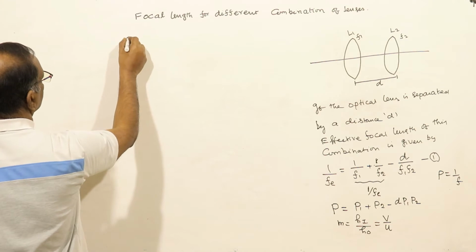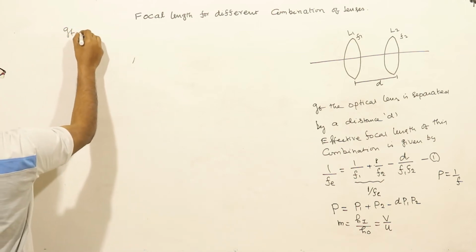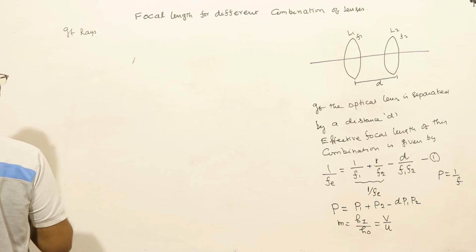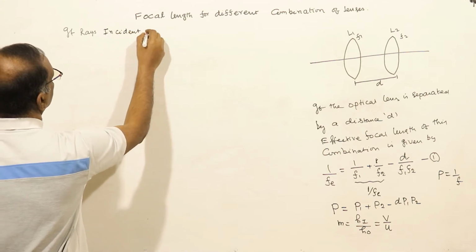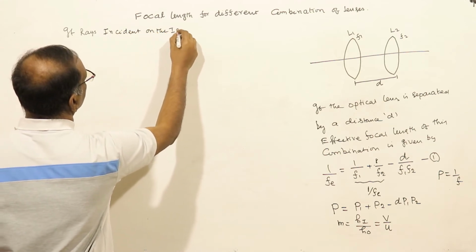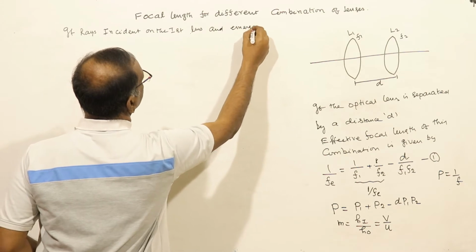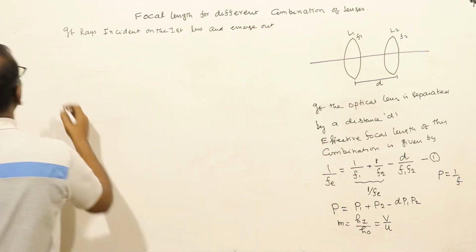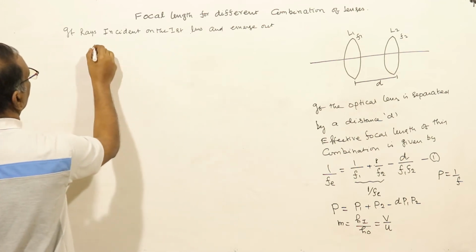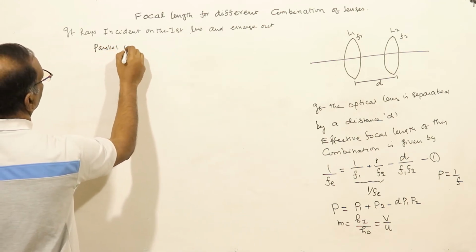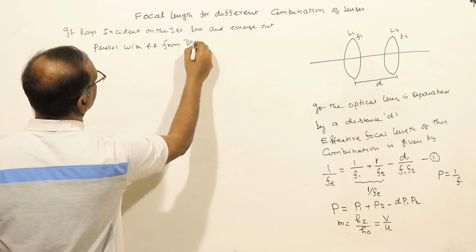So if rays are incident on the first lens and emerge out parallel with the principal axis from the second lens.